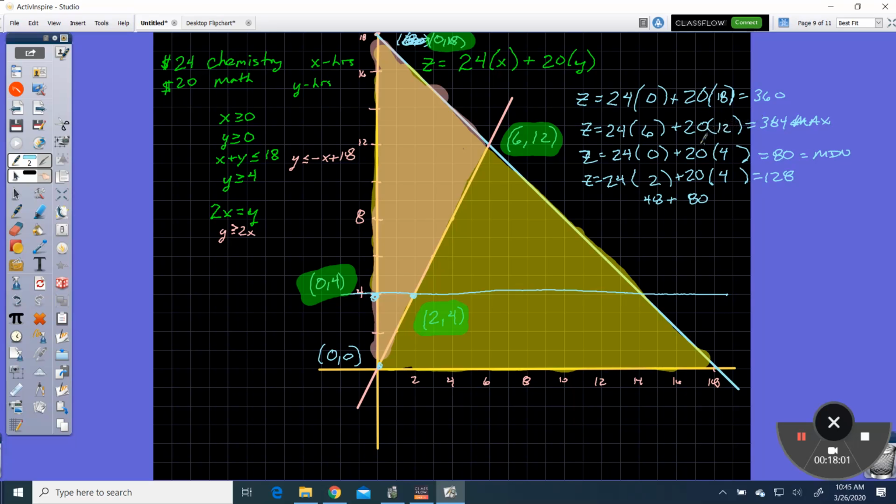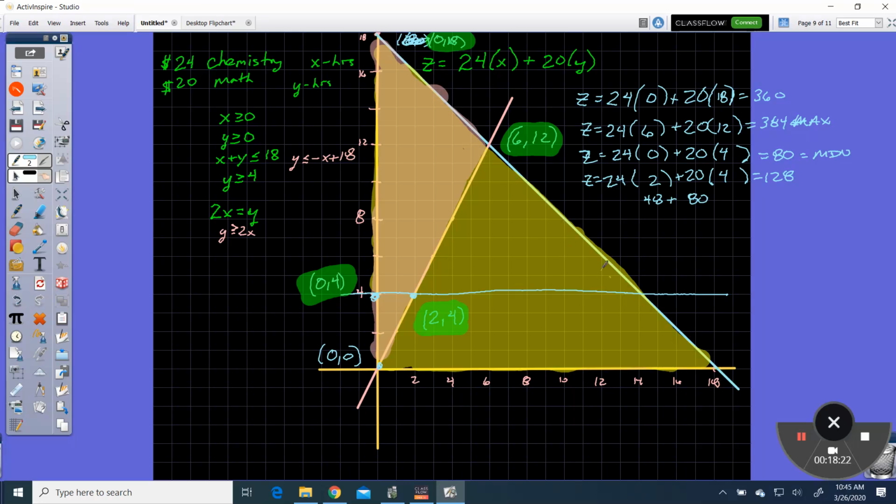And explain why Guyton's maximum income is found at a point on the line x plus y equals 18. So this is the maximum number of hours he can work. So it has to be on that line because that line shows the number of hours he can work. So he can work up to 18 hours or down to 0 hours.